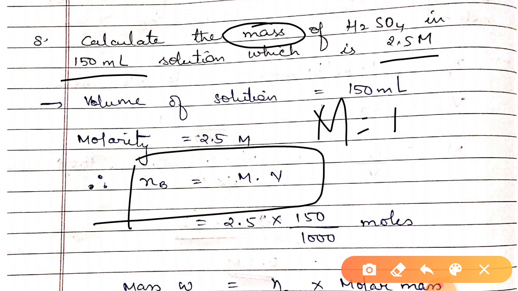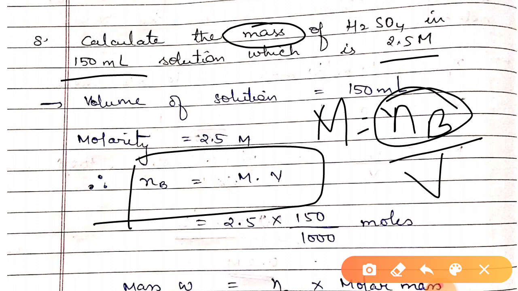Molarity is number of moles upon volume. So what is number of moles? Number of moles is molarity into volume. So molarity is 2.5, volume 150 ml. To convert into liter, divide by 1000. Now you got the number of moles.